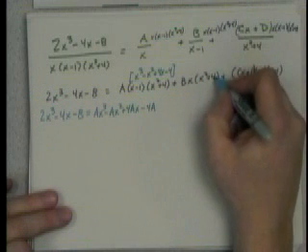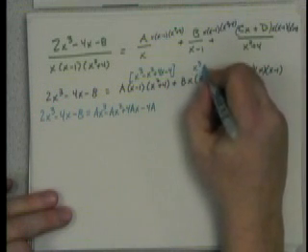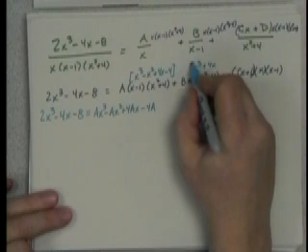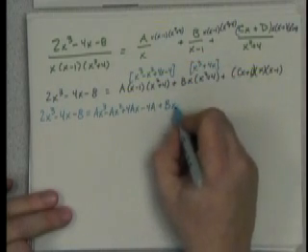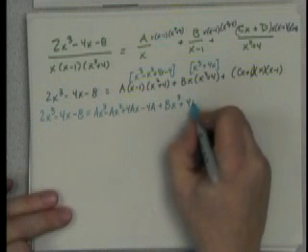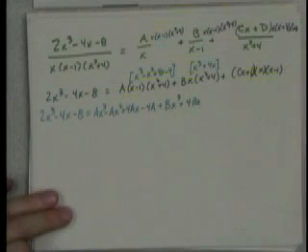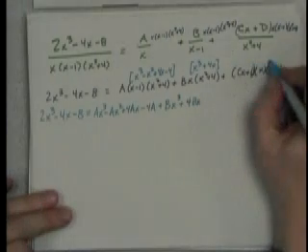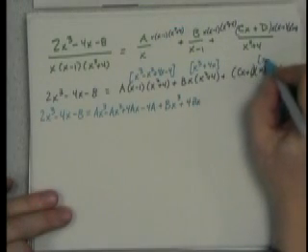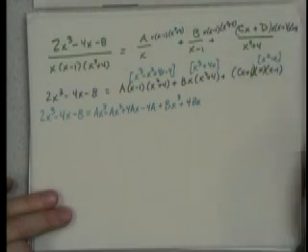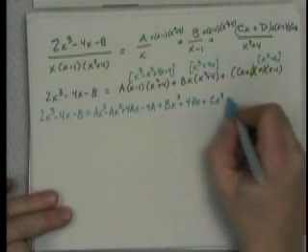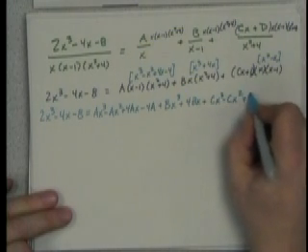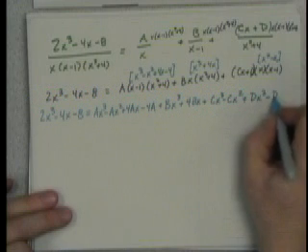And x times x squared plus 4 is x cubed plus 4x. And I only have B times all of that, so B times x cubed plus 4B times x. And here x times x minus 1 is x squared minus x. So I'm going to have Cx cubed minus Cx squared plus Dx squared minus Dx.